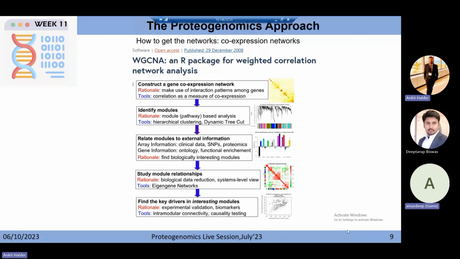So we were understanding that it goes module by module to find your weighted correlation network analysis, so that it will give you the particular interaction networks for any particular disease. It will be used for experimental validation, biomarkers, intramodular connectivity and causality testing.